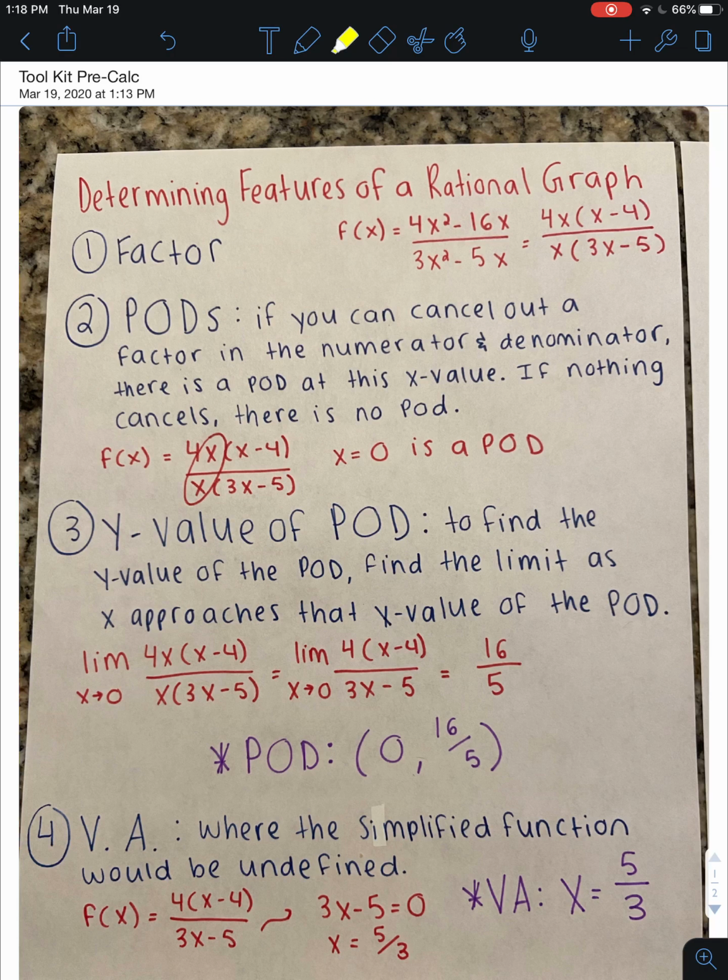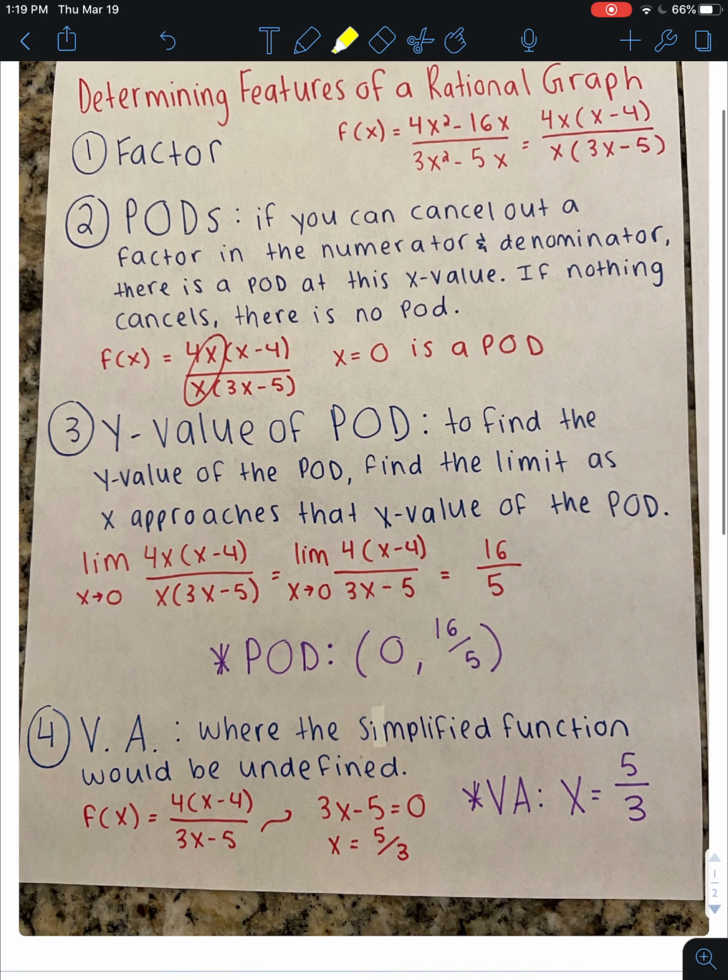So what it's telling you in this toolkit is that you need to look at the function in factored form. A POD exists if you can cancel out a factor from the numerator to denominator. To get the y value in a POD, you would then use that simplified version of your function and think about the limit as x approaches that value in the POD. What is y? What is the function approaching?